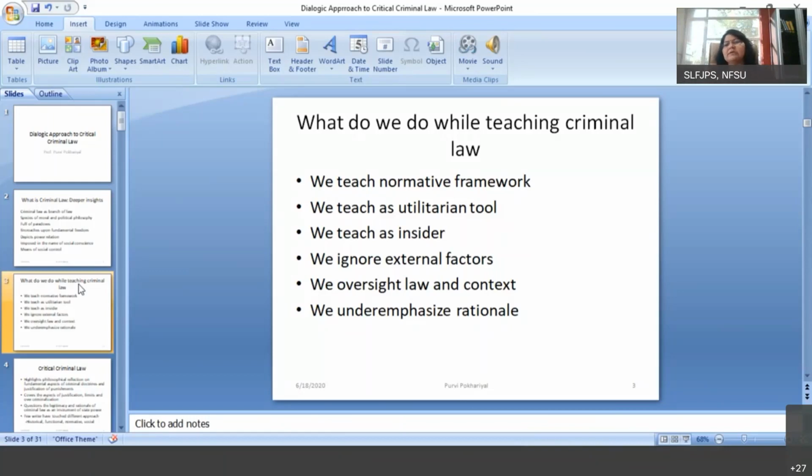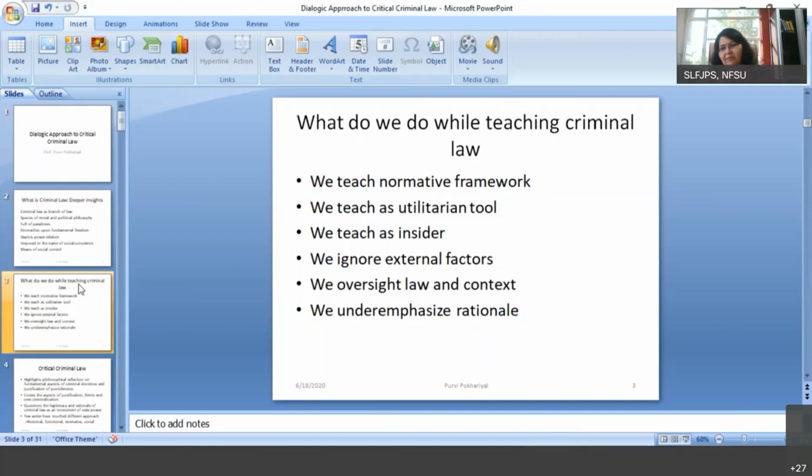So most of the time, as a teacher of criminal law, as someone who is part of the justice delivery administration, we tend to ignore all the external factors. And that is the reason that most of the time, I would say, we oversight law and context.